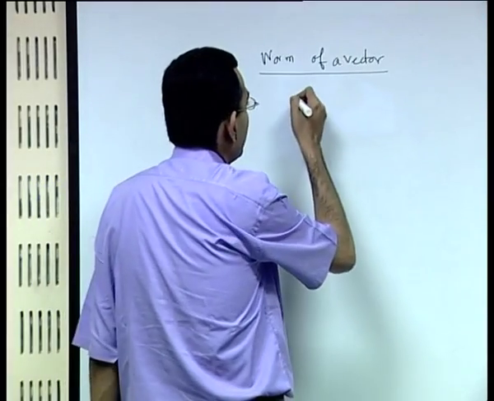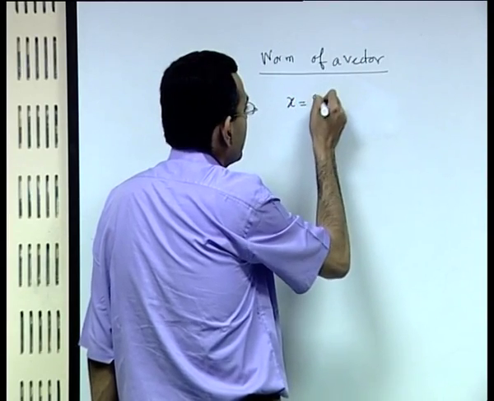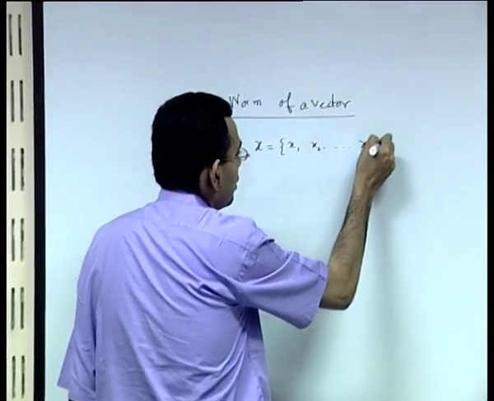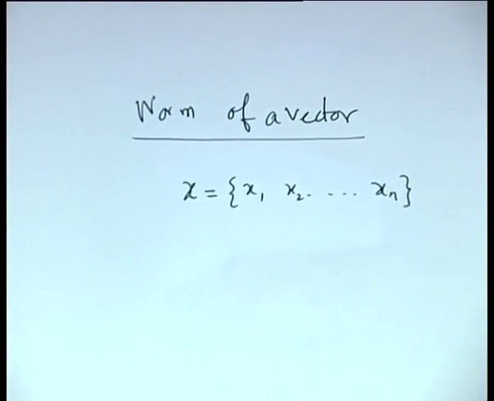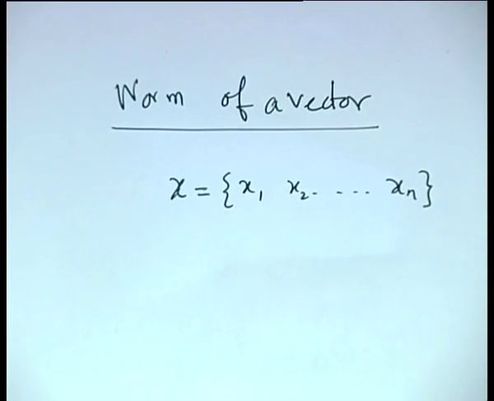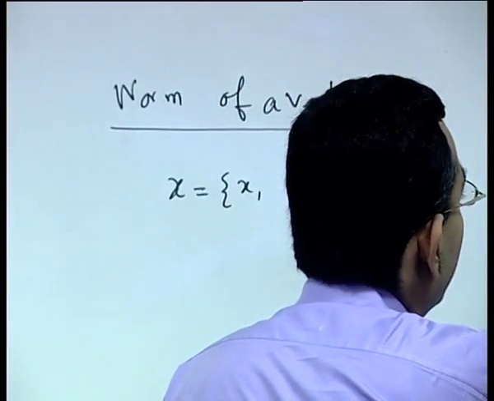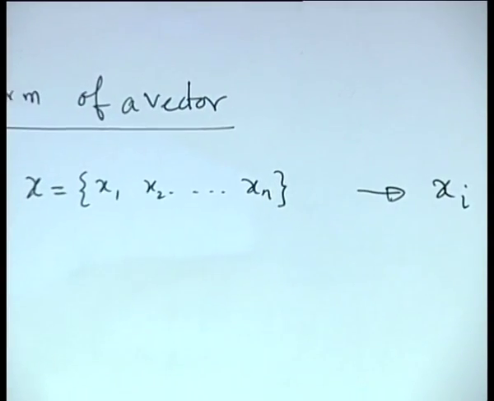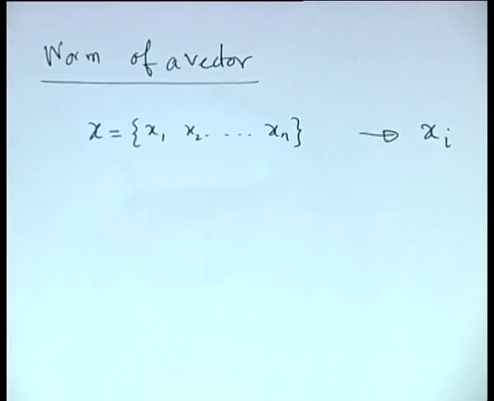Let us say that you have a vector x with elements x1, x2 up to xn. It may be a row vector like this, or it may be a column vector. So, symbolically an element of x is given by xi, where i varies from 1 to n.